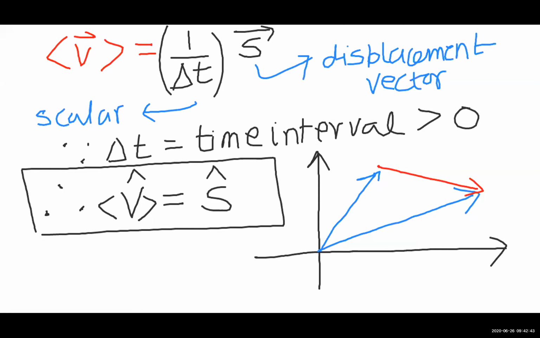So the average velocity vector may be like this, or it may be like this. Remember that the average velocity vector is nothing but the displacement vector multiplied by a scalar quantity, a positive scalar quantity.